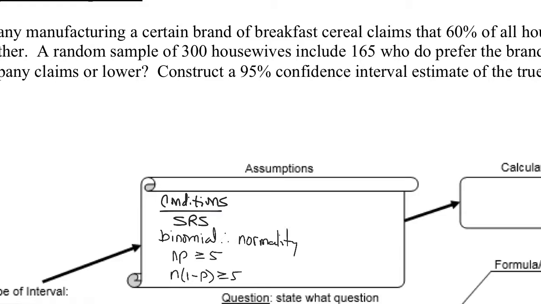So honestly, it doesn't look like we have to assume anything here, because if we assume 0.6 is our probability p, 60% of 300 is going to be way bigger than 5. Right? 40%, which would be 1 minus p, is also going to be way bigger than 5. So we're good to go on all of these. So check, check, check, and check.